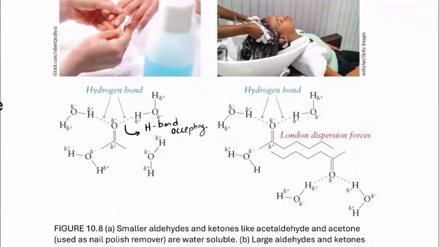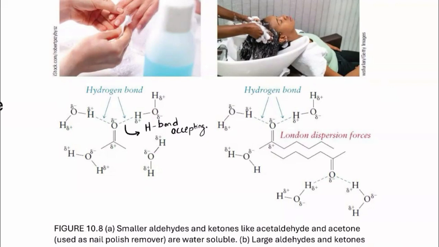Now, one of the things is that whenever we have aldehydes and ketones that have a little bit of a larger carbon chain, they tend to be less soluble in water.